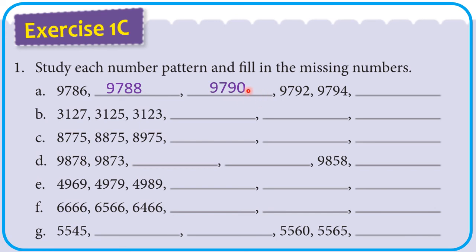Adding 2 to this number, you will get 9,792. Adding again 2 to this number, you will get 9,794. Adding 2 to this number, we will get 9,796. Like this, we can complete this number pattern.